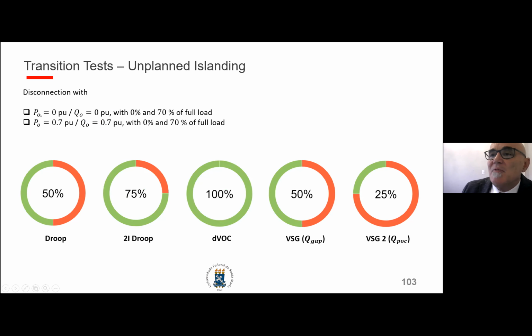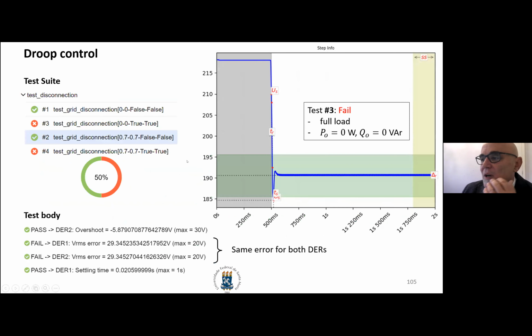So we consider different set points for the active and reactive power. And we also consider that the microgrid has different loads from 0 to 70% of full load. From this result, we see that DVOC results in the best performance. So I will move on.